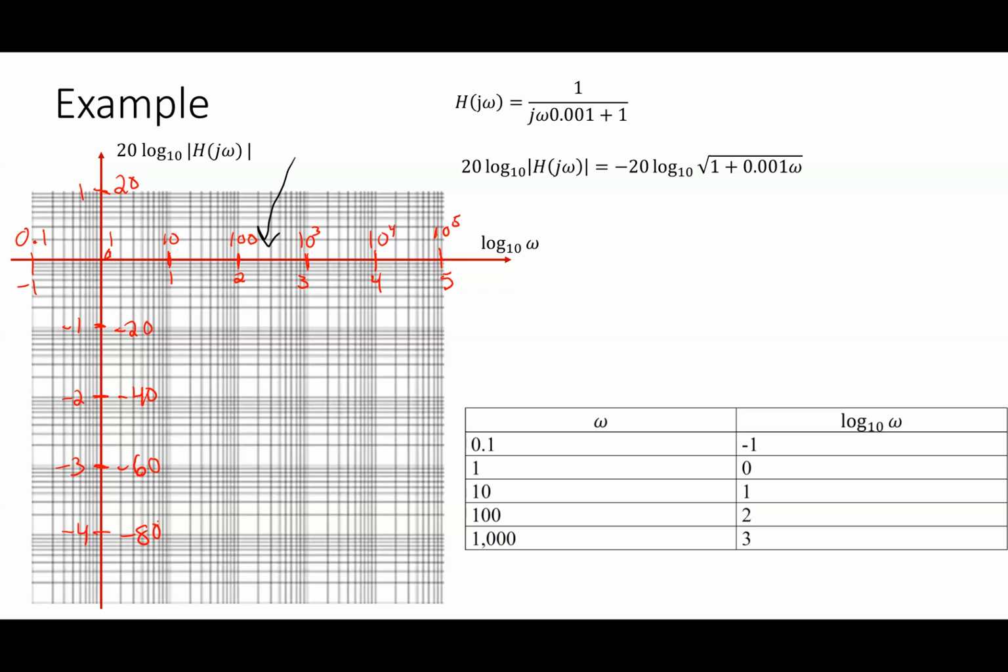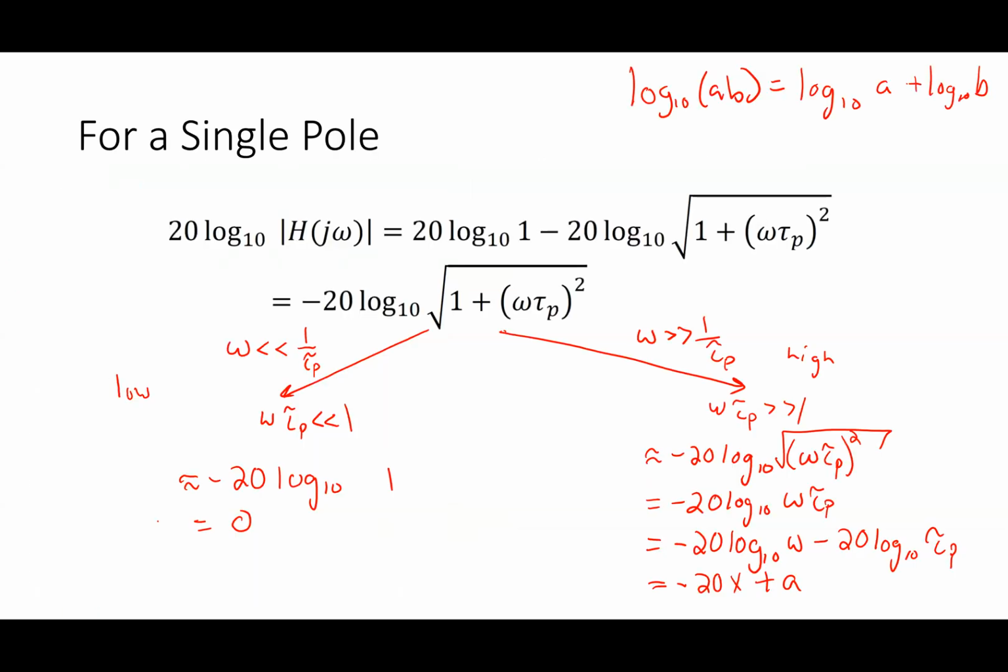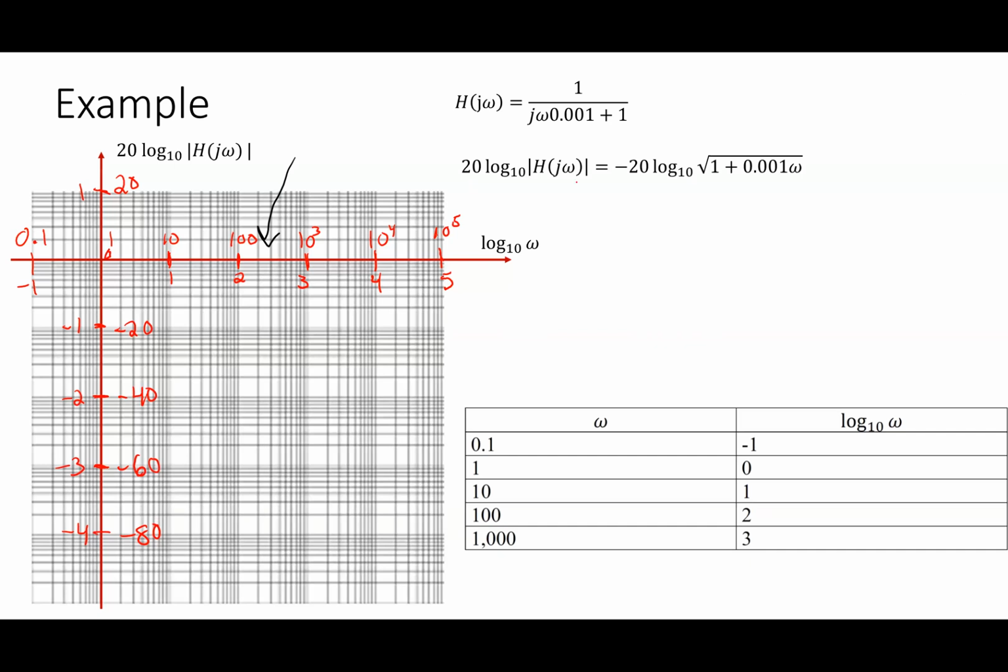Now, what I have here is H of j omega equals 1 over j omega times 0.001 plus 1. So what we just did on the previous slide is we said I want to graph 20 times the log of the magnitude of this thing. I look at this at low frequencies and I look at this at high frequencies.